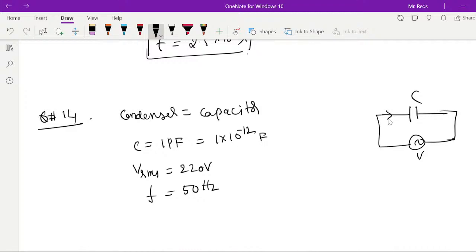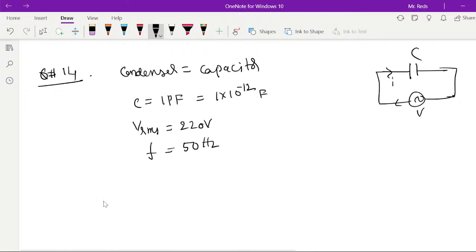That means what is the alternating current I? What is the current flowing in the circuit? It can be called IRMS, the RMS current. If it were given in terms of instantaneous current, with the equation given, then you should have written that corresponding equation. Here you can write I in terms of RMS voltage.